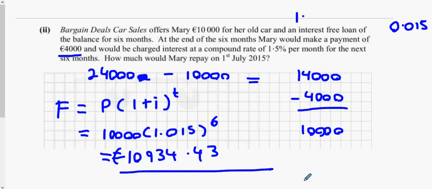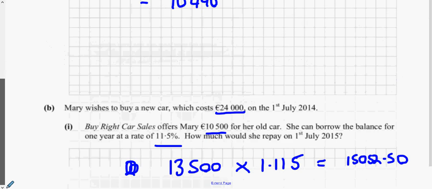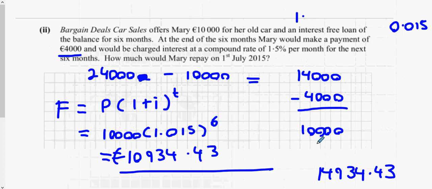So one of them she paid €14,034 and 43 cents total. In the other one, she paid 15,052 euros. So option 2 costs roughly €118 less.